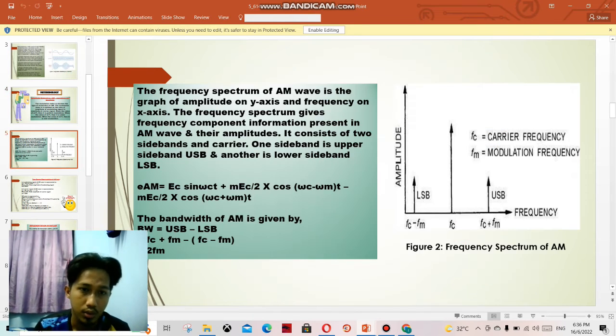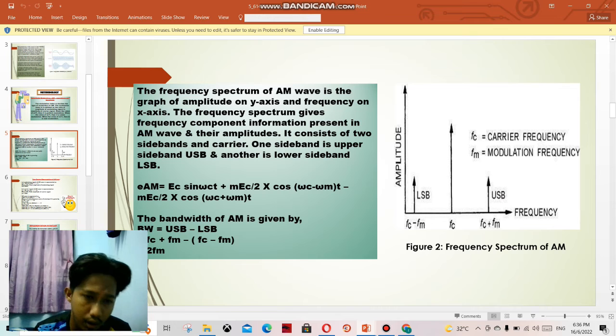For the frequency spectrum, the frequency spectrum of an AM wave is the graph of amplitude on the y-axis and frequency on the x-axis. The frequency spectrum gives the frequency component information present in the AM wave and their amplitudes. It consists of two sidebands and the carrier. One sideband is the upper sideband USB and the other is the lower sideband LSB.